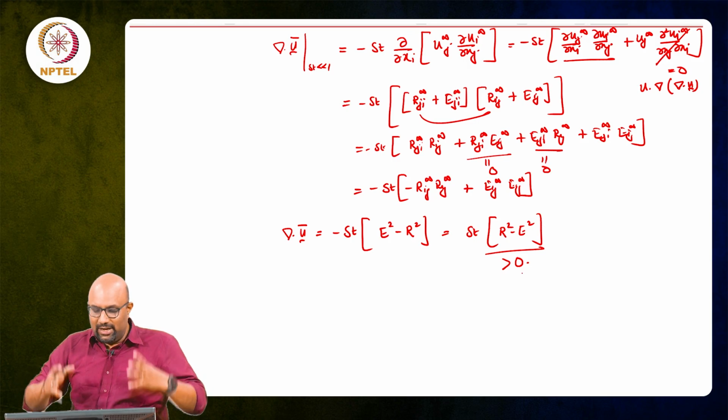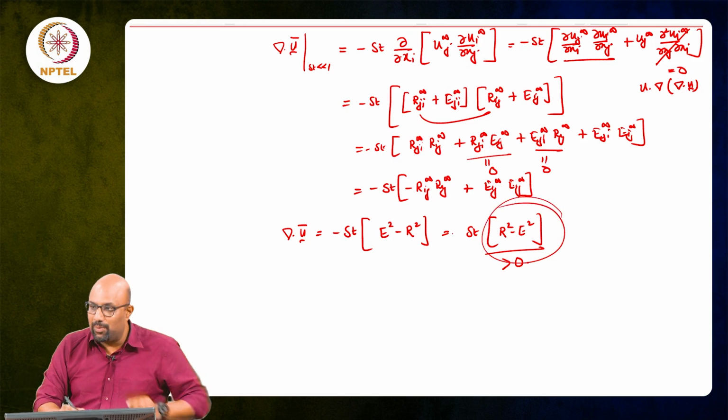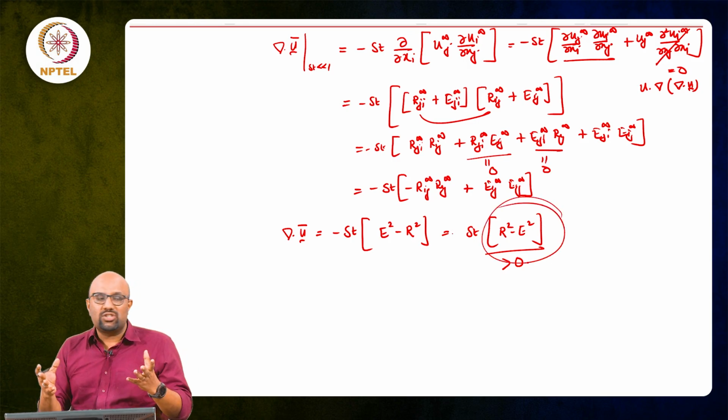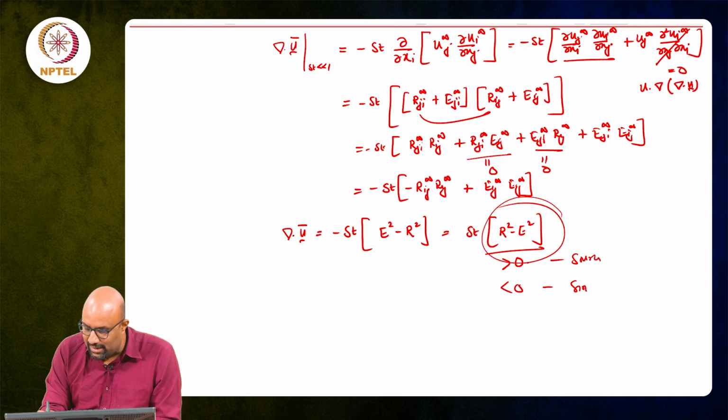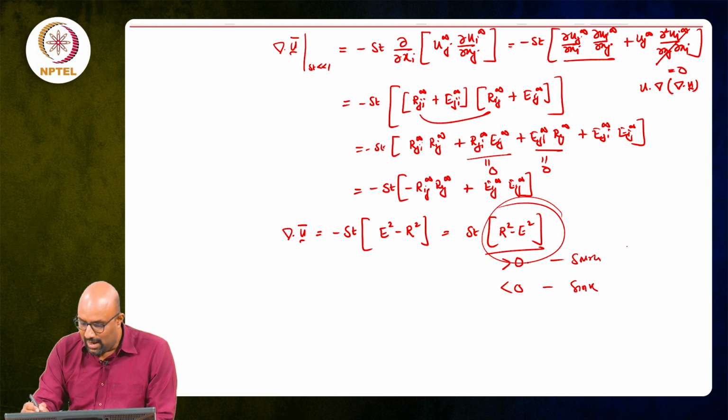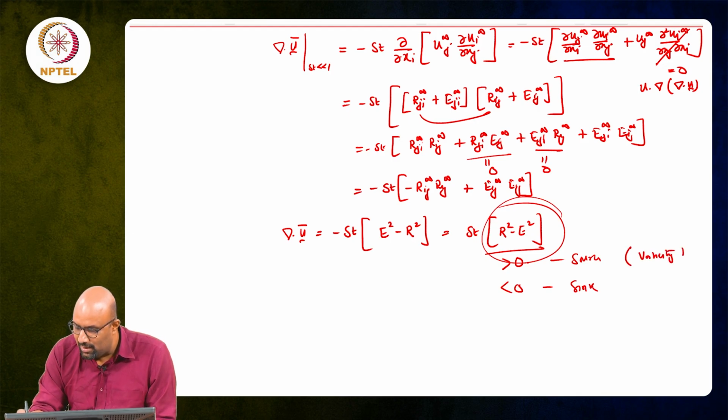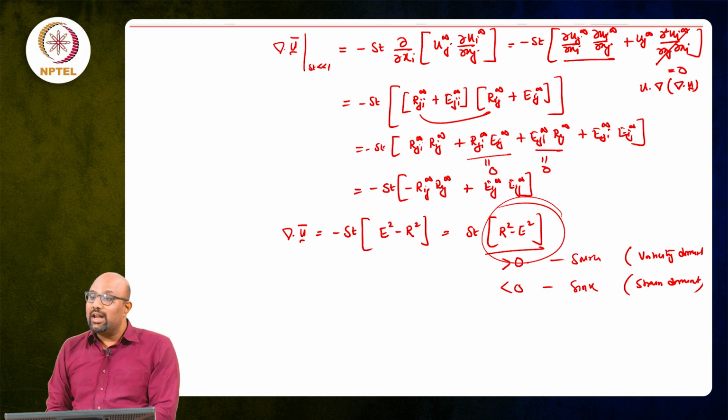A region in the flow where this is positive is acting like a source of particles. A region in the flow where this quantity is negative is acting like a sink. The region where it is positive is dominated by vorticity. A region where this quantity is negative is strain dominated.